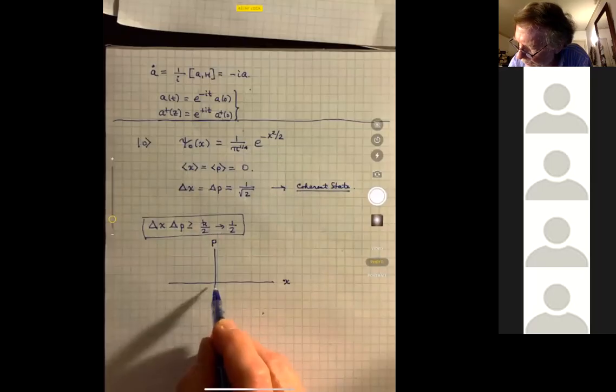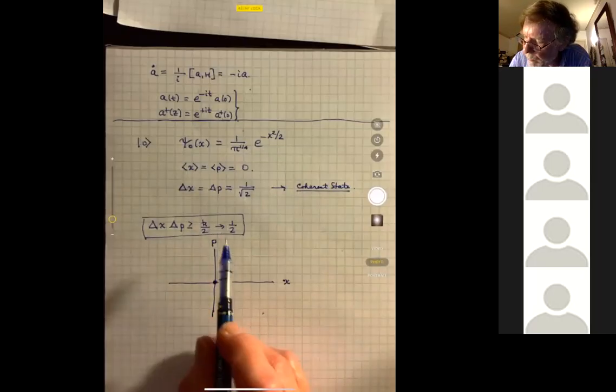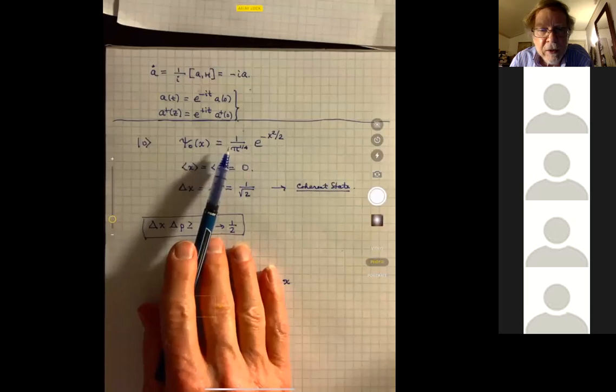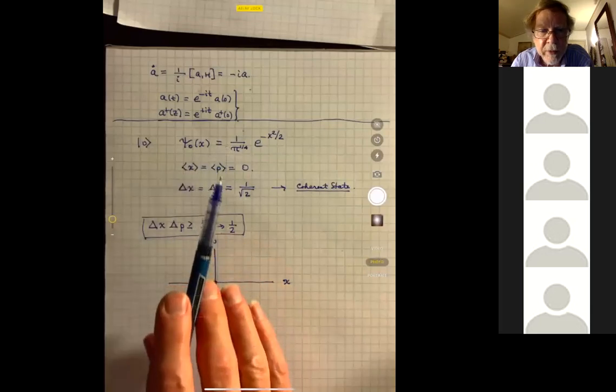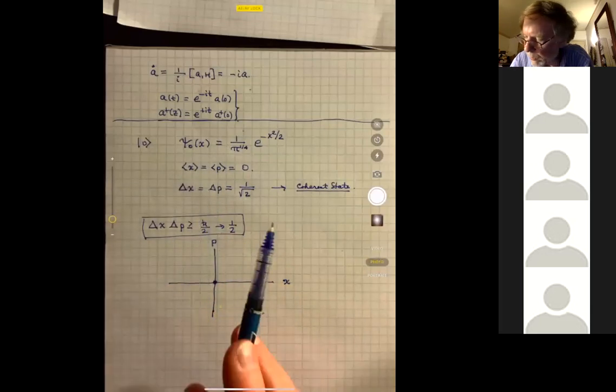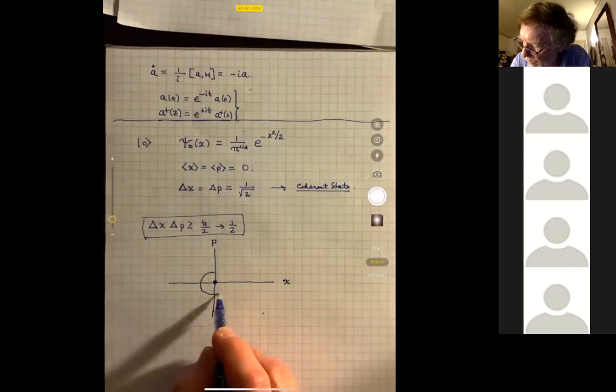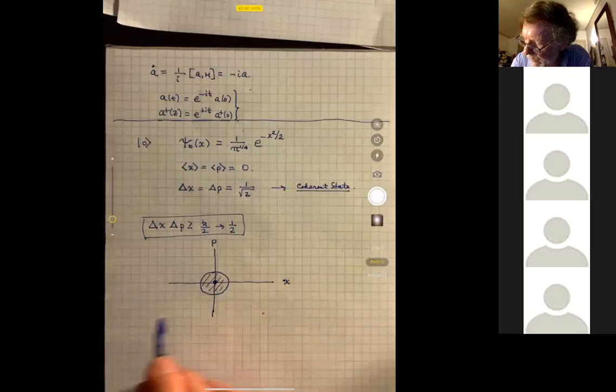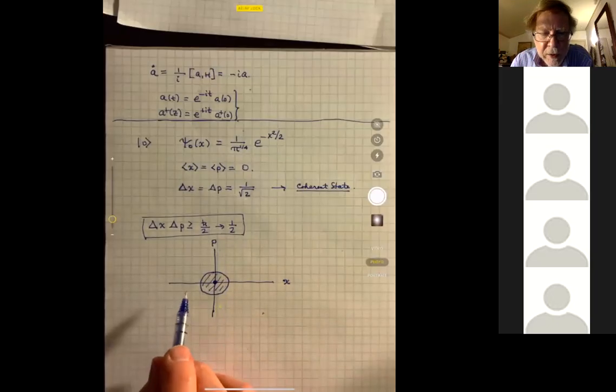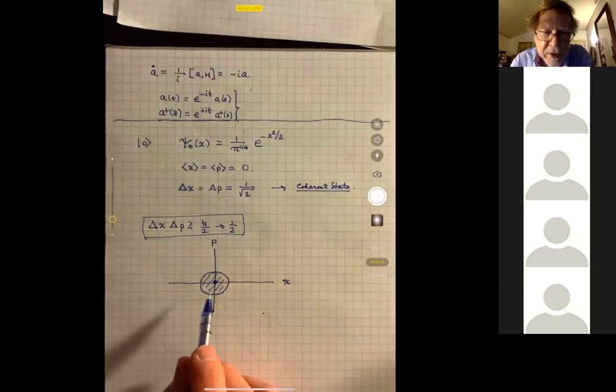Now we can visualize this coherent state in the classical phase space in the following way. The expectation values of x and p give us a point at the origin, but when we make measurements on this ground state, there are fluctuations in x and p, and those fluctuations are limited by the uncertainty principle, the delta x and delta p. Let's indicate those schematically by drawing a circular blob here in phase space like this. This is not anything precise.